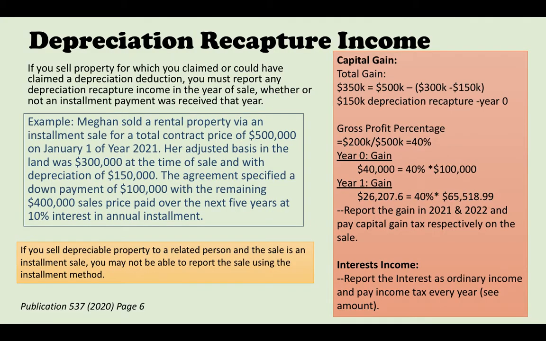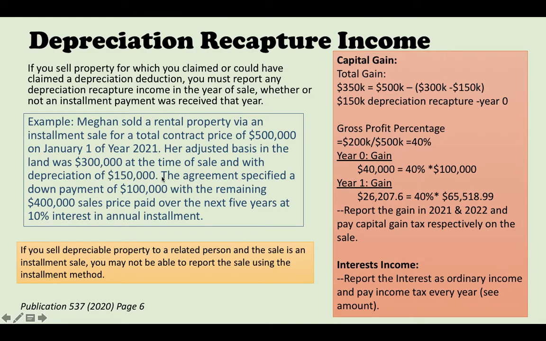There's another situation: what if your property has depreciation on it. Let's say Megan is now not selling land. Land cannot be depreciated. So Megan sells rental property, and everything else is the same, only there's $150,000 of depreciation on it.